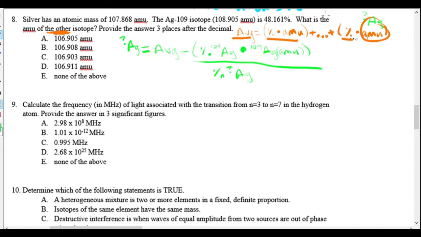And that percentage is going to be 100 minus 48.161%, which will give us 51.839%, which as a decimal, which is how you use the percentages, is 0.51839.